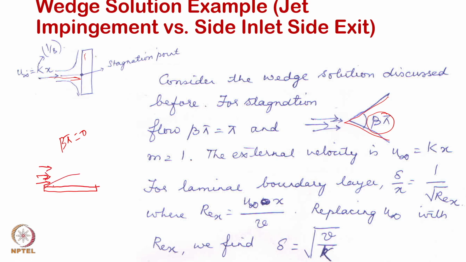So, a boundary layer develops like this. Here is the situation where the wedge is now given an angle of beta pi equal to pi and m is equal to 1 in this case, and with that we can achieve what is called a stagnation point flow, as shown here in this picture.